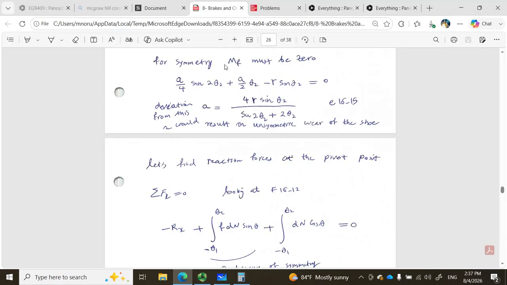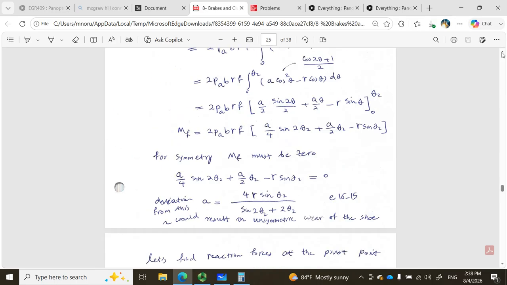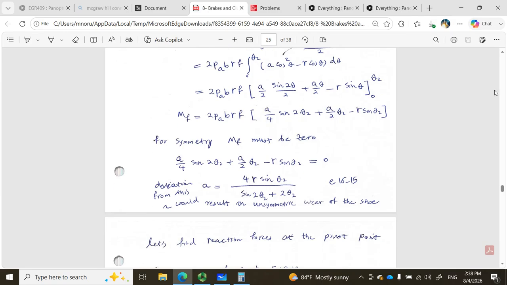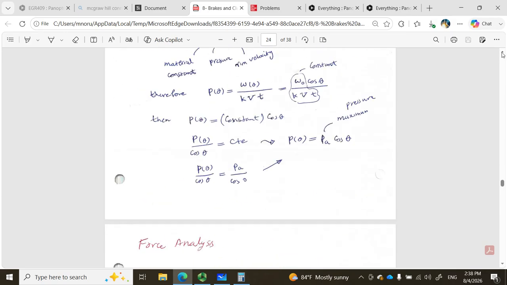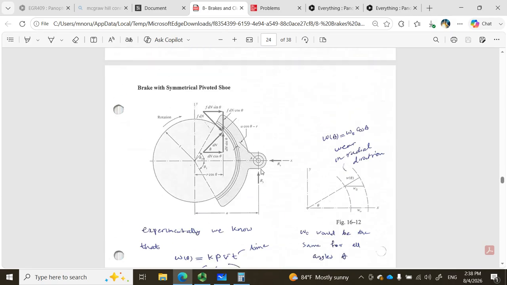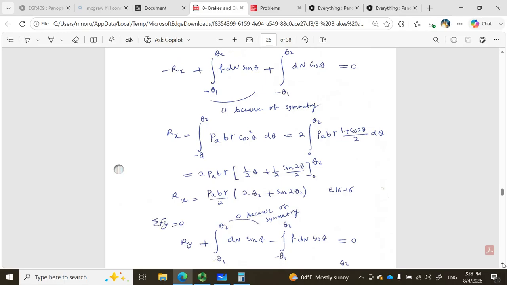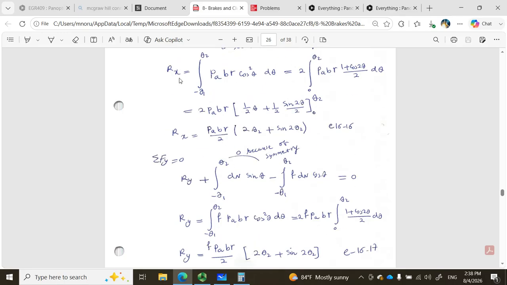So let's look at the lecture again. I talked about the reaction forces Rx and Ry, how they are related to our geometry and our loads. The derivation in class, Rx simplifies to Rx equals PA B R divided by 2 times theta 2 plus sine of 2 theta 2.